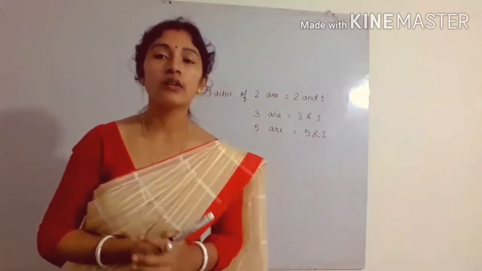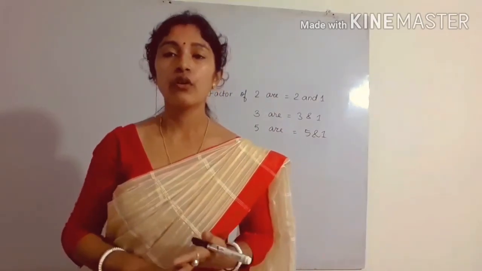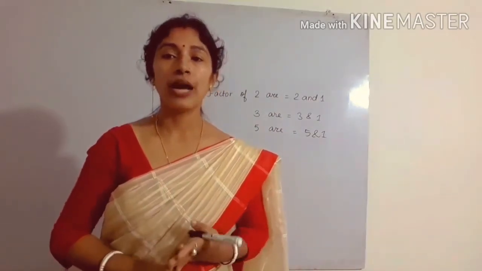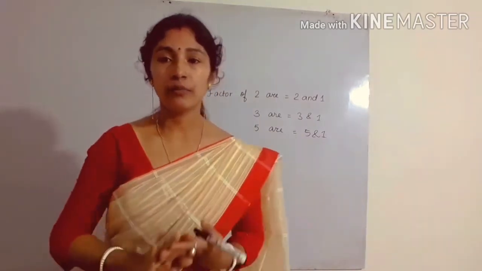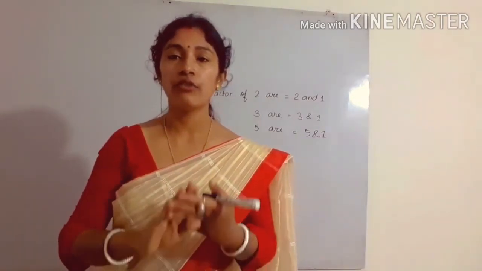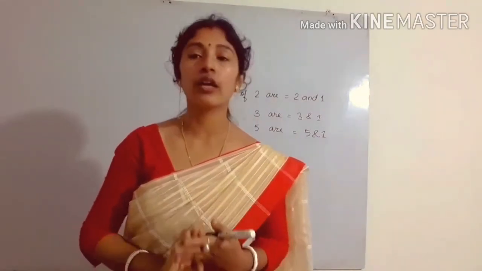So there are a total of 3 factors of 4, that is 1, 2 and 4. So it is not a prime number. Here we have defined prime numbers on the basis of factors. I hope you understand. If you have any doubt, you can ask me.